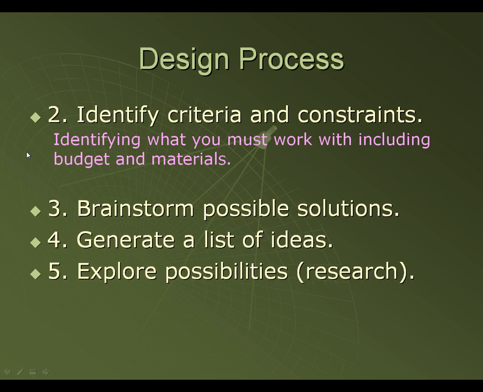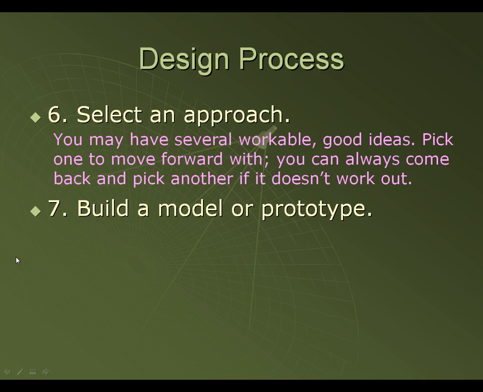Again, this is identifying what you must work with, including budget, materials, and the conditions in which you must perform. 3, 4, and 5 are kind of self-explanatory. Brainstorm possible solutions, generate a list of workable ideas from that brainstorm, and then do some research on them. After that, you'll select an approach.